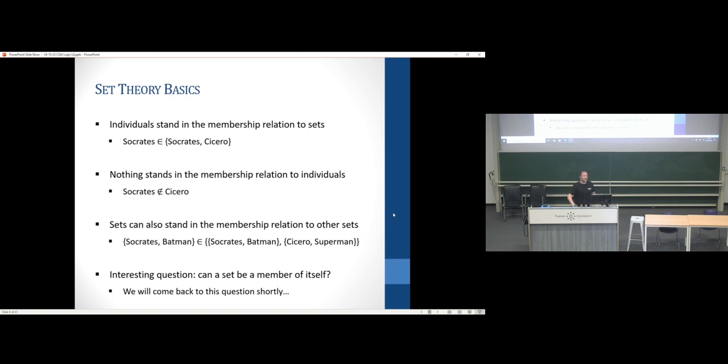Yes, yes, yes. So we can talk about this one. We'll call it the sock bat set. The sock bat set is a member of the bigger set. Or also we can talk about this sock bat set being an element of the big set. Either way is perfectly fine. Batman Cicero set, an element of the big set.